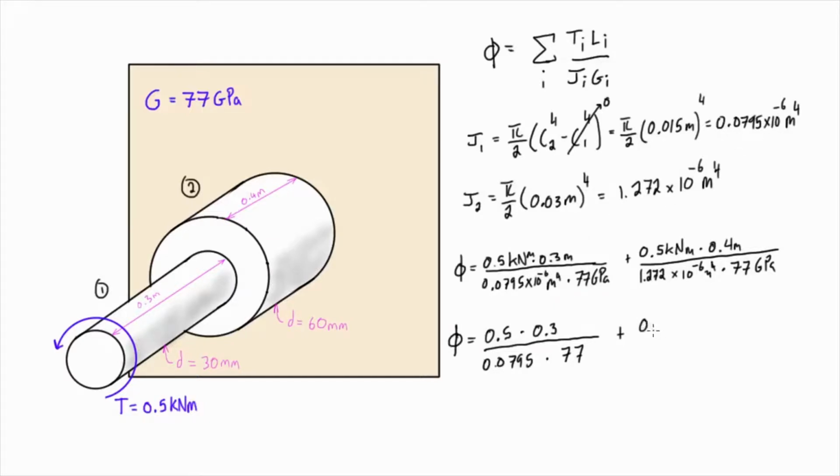Then for the second term we have 0.5 times 0.4, all over 1.272 times 77. If we simplify this a little bit more, we find that the first term is equal to 0.0245 radians, and the second term works out to 0.0020 radians.